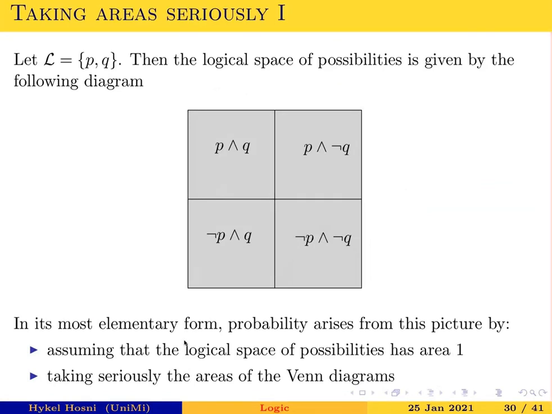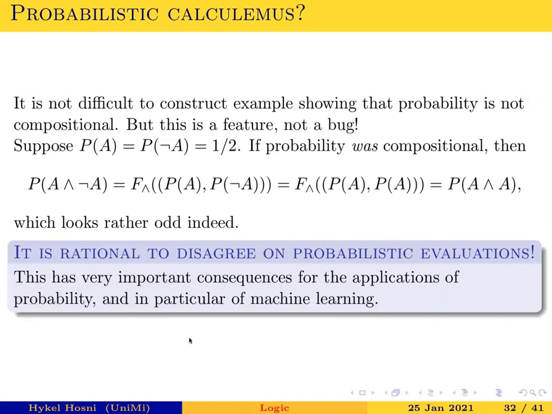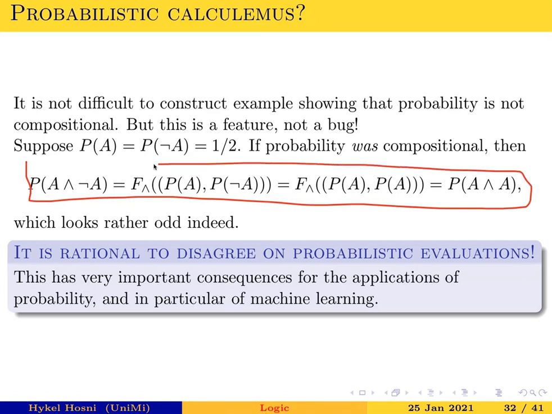This opens to a number of very important points, which I don't have time to go through. So let me just skip all of them and give you the actual punchline. Probability is not compositional in the way classical, in fact many, logics are, in the sense that if you know the probability of 2 events, this doesn't give you sufficient information in general to compute the probability, say, of their conjunction.